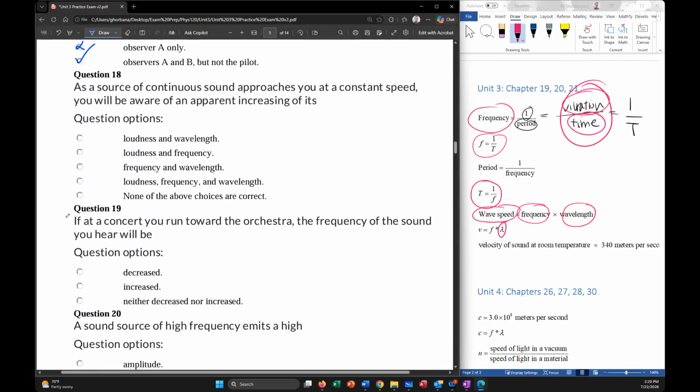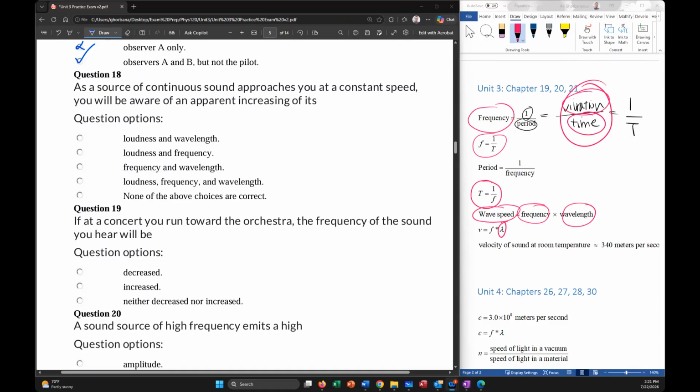Question number 18. As a source of continuous sound approaches you at a constant speed, you will be aware of an apparent increasing of its loudness and wavelengths, loudness and frequency, frequency and wavelengths, loudness, frequency, and wavelengths.